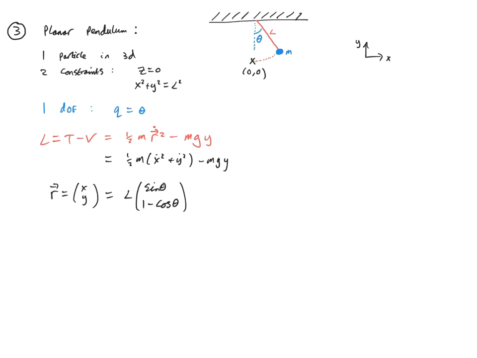I can now take the time derivative of this to find the vector r dot. L is a constant, and so this is just going to give theta dot cos theta and theta dot sine theta for our velocity vector. And in here we have the velocity vector squared, r vector dot dotted into r vector dot.